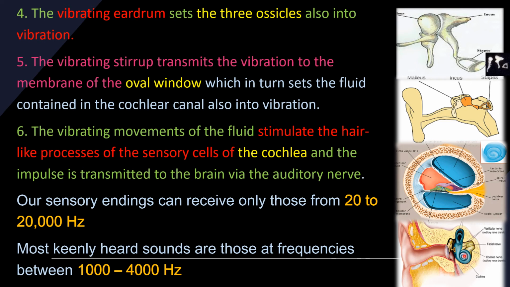These are the different parts involved in hearing. Our sensory endings can receive only sounds from 20 to 20,000 Hz. Most keenly heard sounds are those at frequencies between 1000 and 4000 Hz.